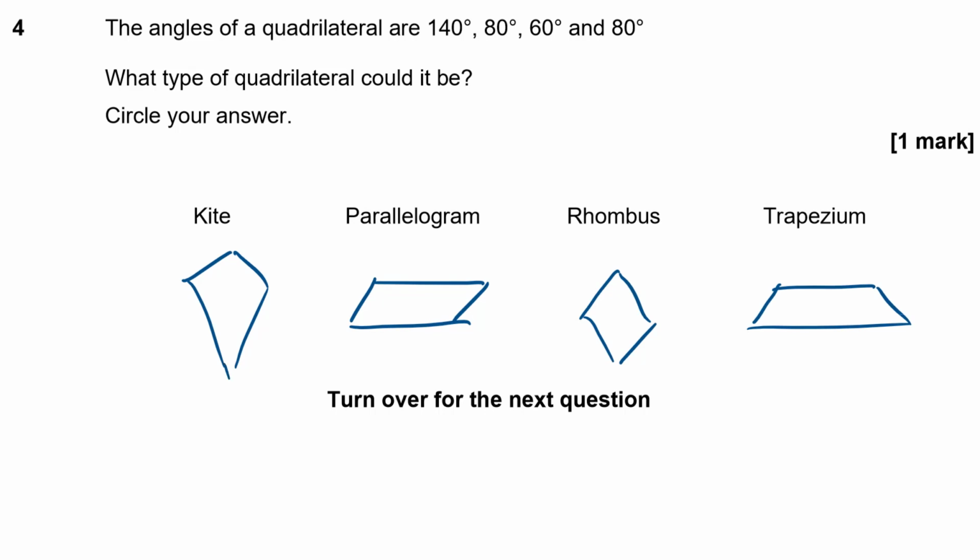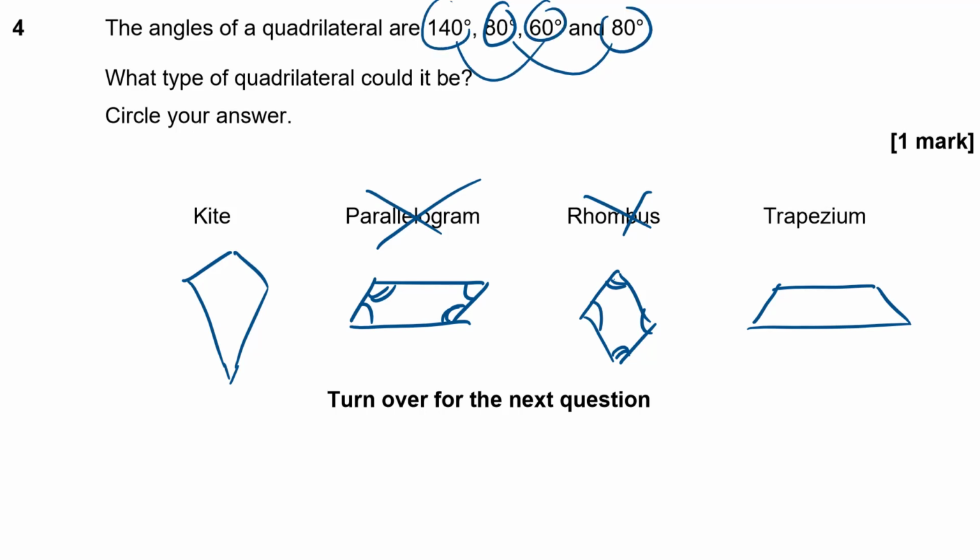Now I can see from these that parallelograms have opposite angles that are equal, and so do rhombuses. So it can't be that one and that one because these two go together, look, but these two are not matching, so it can't be those.